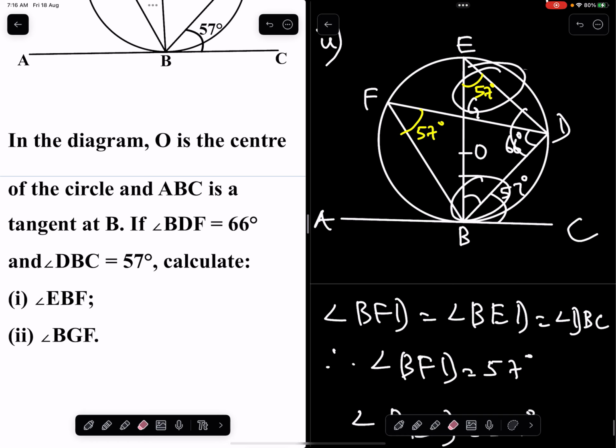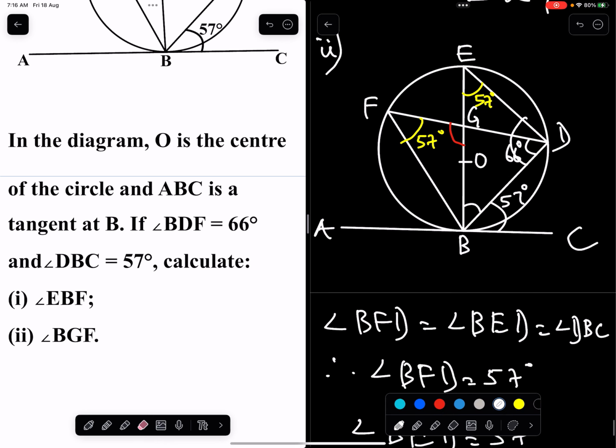Now, how do we find angle BGF? This is angle BGF. We can see that angle BGF is an exterior angle to triangle BGD. And the exterior angle of a triangle is equal to the sum of opposite interior angles. So that means angle BGF is equal to 66 plus angle EBD, and we just found that to be 33 degrees.